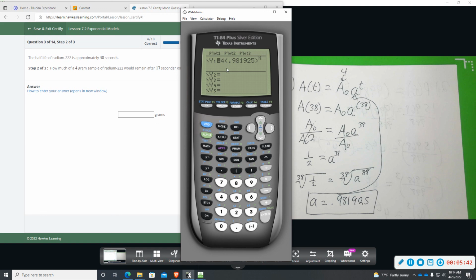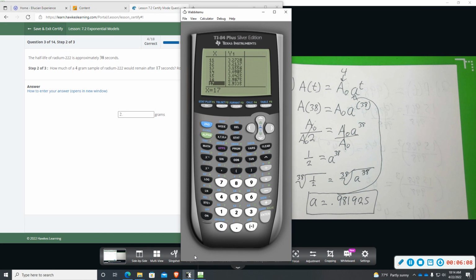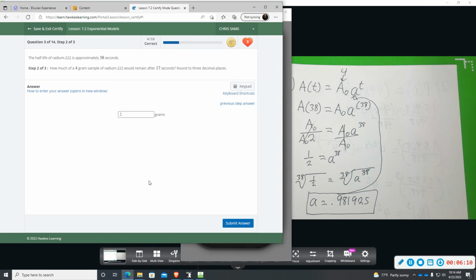So this is the formula, because they told me 4. I'm going to go second graph to see the table, and I'm just going to scroll down to 17. After 17 seconds, we have 2.933. That 5 will round up, so 2.934. Yeah, 2.934.